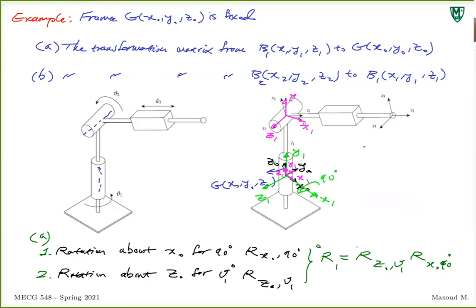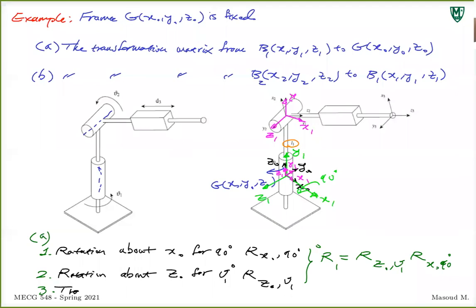Once you get your rotation right, now you do your translation. The translation would be going from where the origin is to where it should be, and that's L1 right here. This is L1 going up. So it's L1 along Z0.